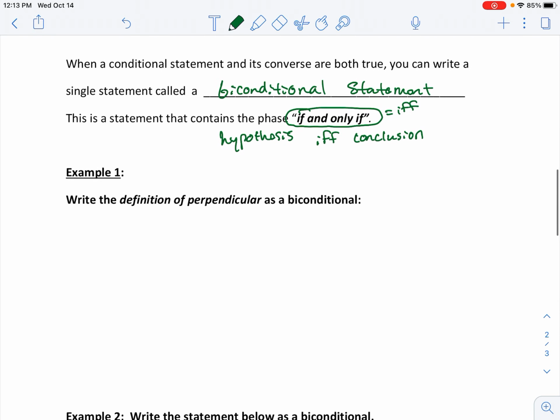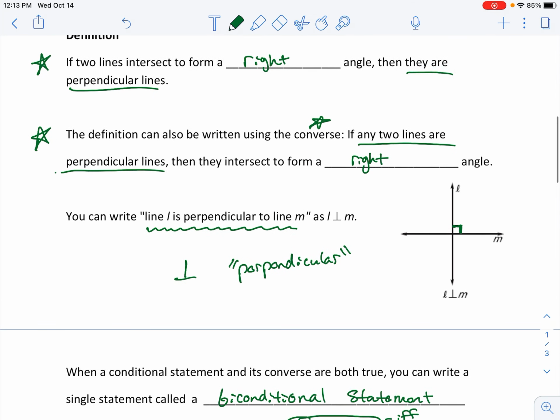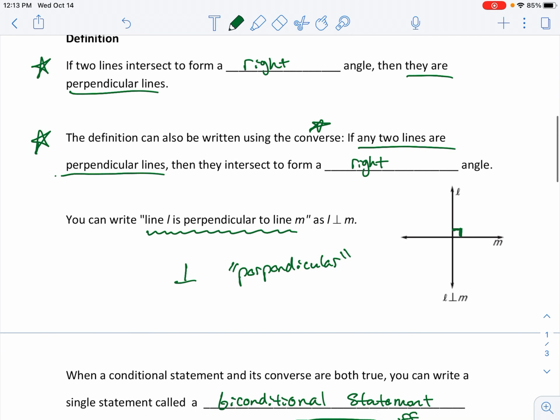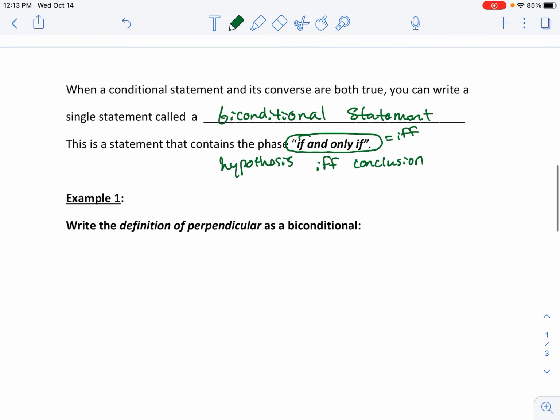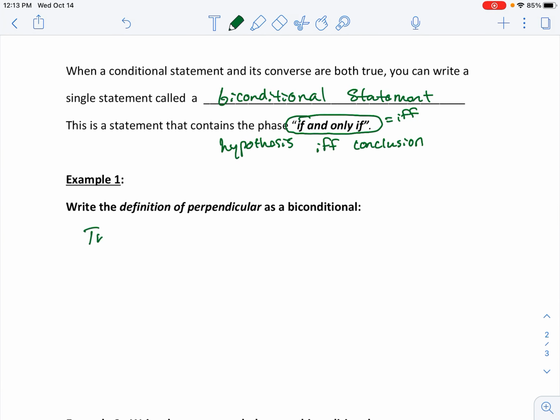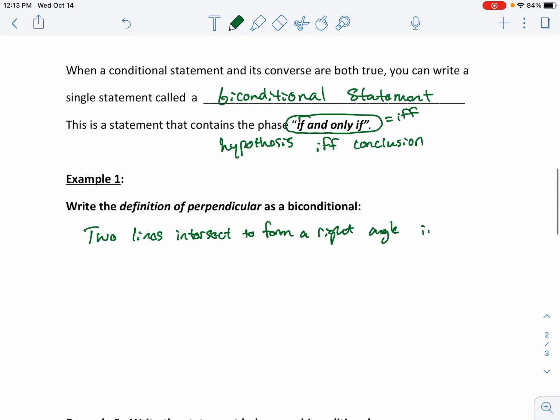Here's an example. So the perpendicular one up here, it says if two lines intersect to form a right angle. So I'm going to write that out, but drop the if. So two lines intersect to form a right angle. And this is where we're going to connect the hypothesis now with if and only if.